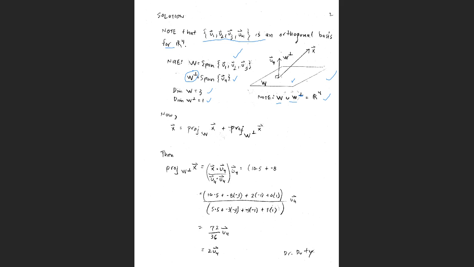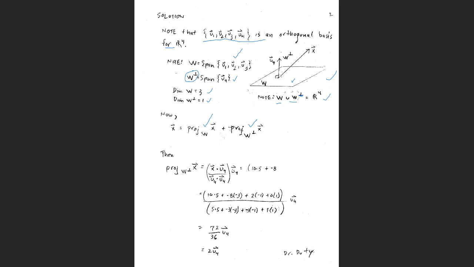And what we want to do is write the vector x as the projection of the vector x onto the space W, which is the span of U1, U2, and U3, plus the projection of the vector x onto W perp. Well, I want to be careful.